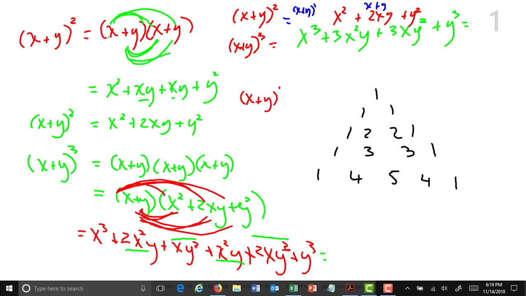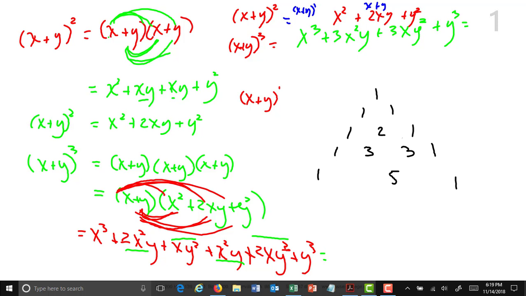I'm talking about the number in front of the coefficient. Wait, I got this wrong. Okay, that's why. This row is not 4 terms, it's just 3 terms. There. So this is 5.